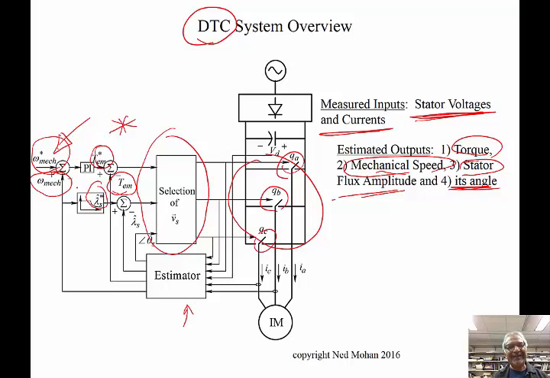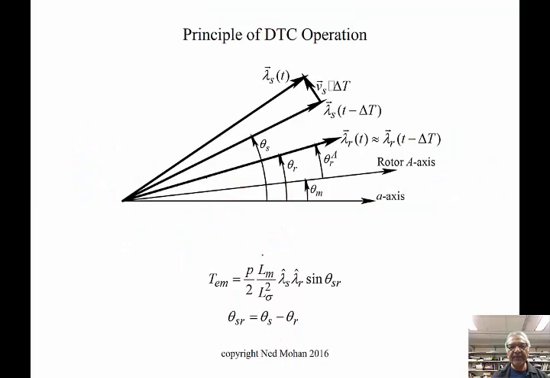So it takes into account this flux weakening region in the extended range of speed, and that amplitude is compared with this estimated amplitude over here, and the difference of the two goes as the input into the selection of which stator voltage vector we should apply to this machine here. So that's basically an overview of this DTC control. So how does this work?